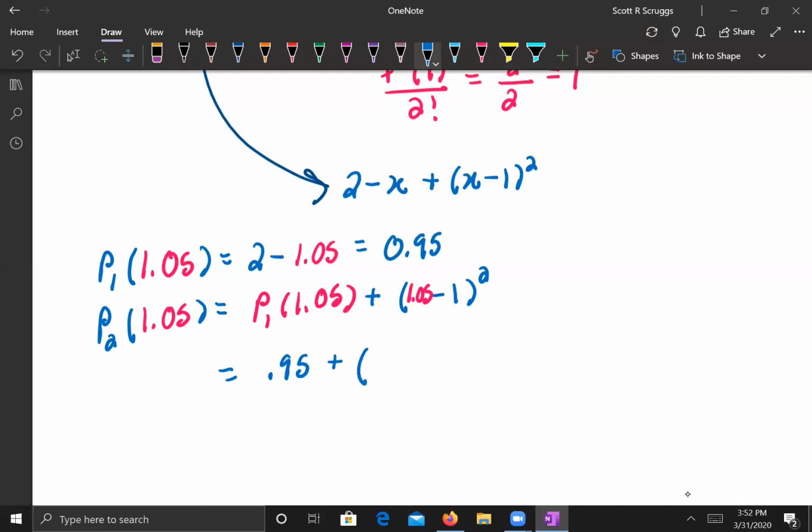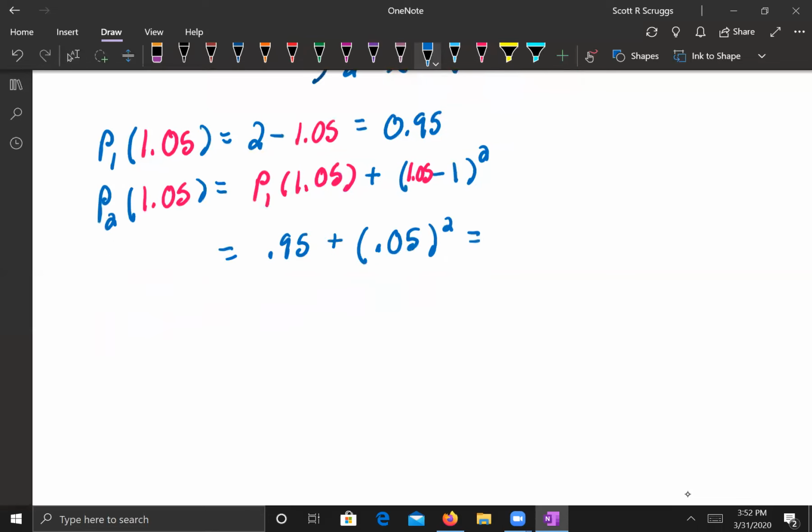But now I'm adding my brand new stuff, which is 0.05, all of that squared. 5 squared is 25, and since there are 2 decimal places, that means 0.05 squared will be 0.0025, which is how we would get 0.9525. If say we're not in quarantine and we were taking test 3 and that was our problem.